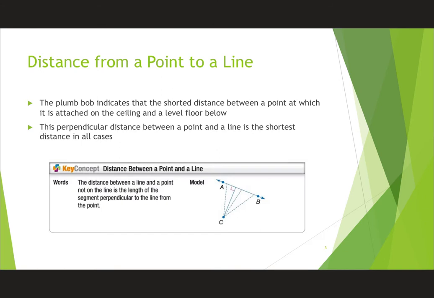So when you're doing perpendicular distance, again, you are looking for the shortest distance between a point and a line or a plane or another point. That was the whole point of the plumb bob, to find the shortest distance in all cases, because the shortest distance is the perpendicular distance.